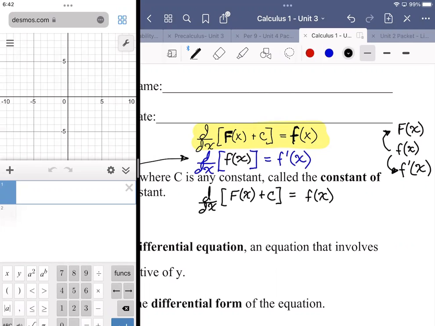This is a differential equation because it involves a derivative. You can see it's noted down here. But when we talked about differentials, going back to linearization, Newton's method, and differentials, I can multiply both sides by a dx.